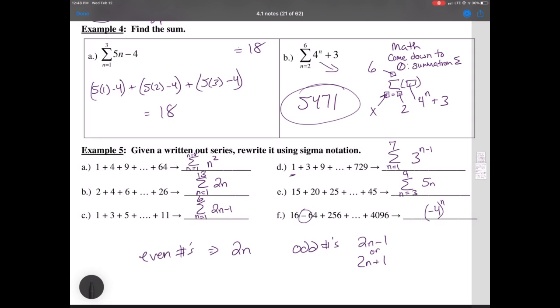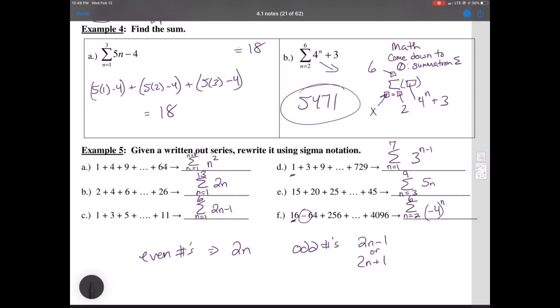So this is going to be negative 4 to the n power. When it's an even exponent, it's a positive number, but an odd exponent produces a negative number. So our first n will be 2 because negative 4 squared gives me 16. And finally, it'll go up to 6 because 4 to the 6th power produces 4,096.